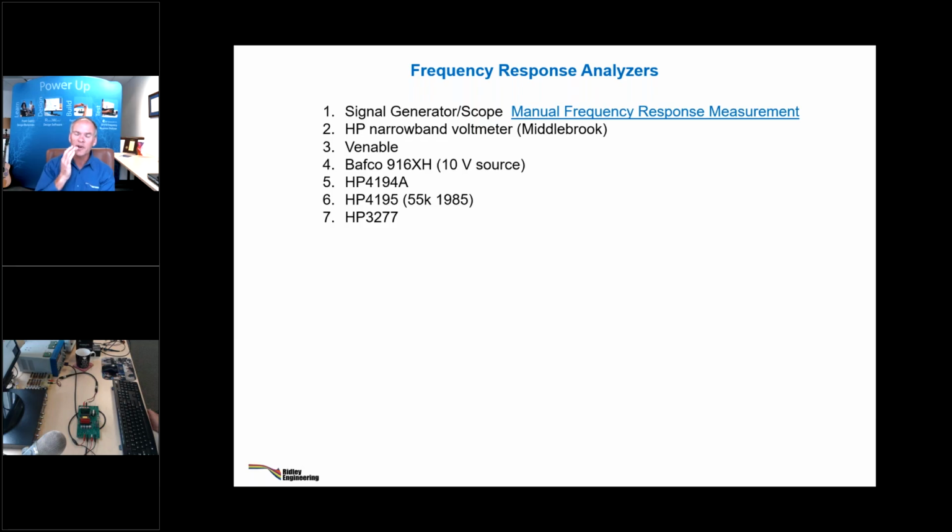And Middlebrook showed us how we could get gain and phase from a single measurement. So now we're trying to measure two signals in a loop. So we measure one signal for its amplitude, we measure the other signal for its amplitude, and of course I've got the relative gain of the two just by dividing the amplitude. How do you get the phase?